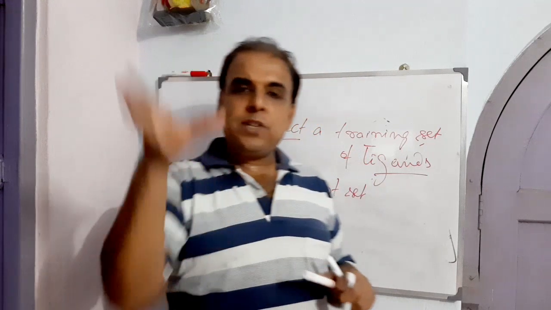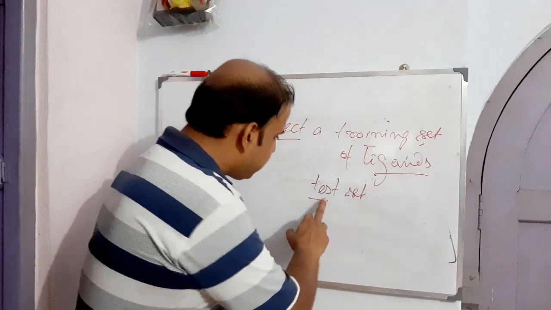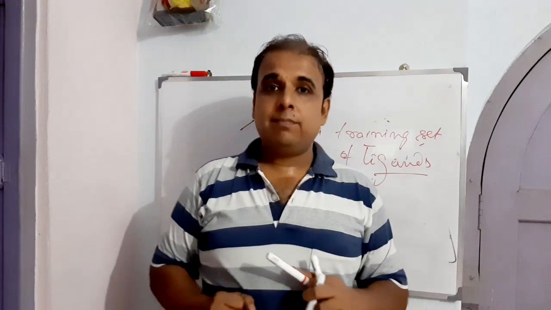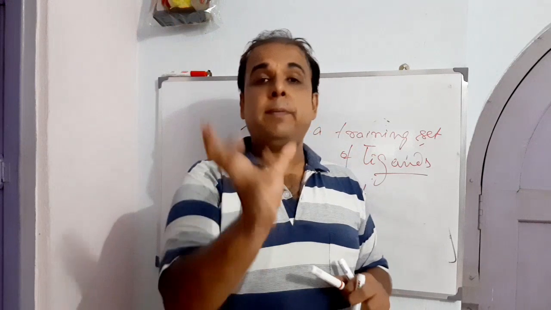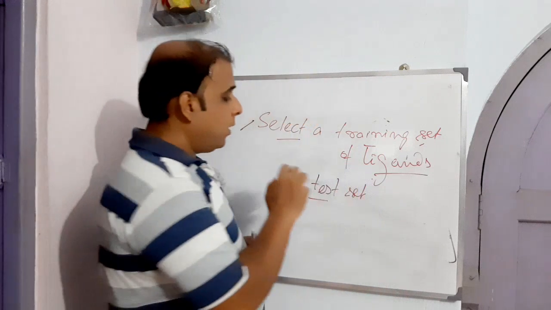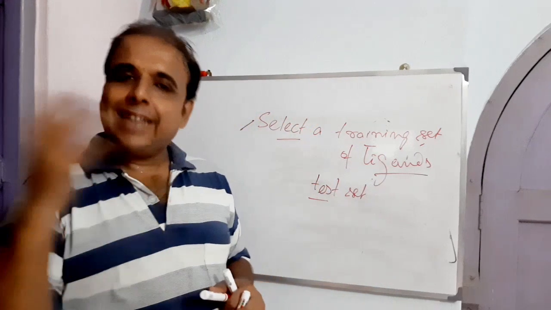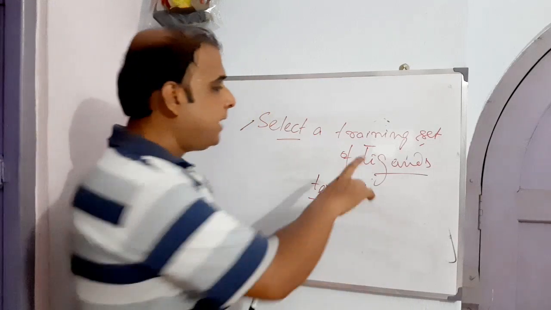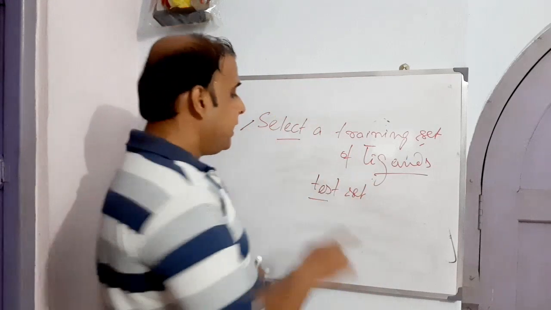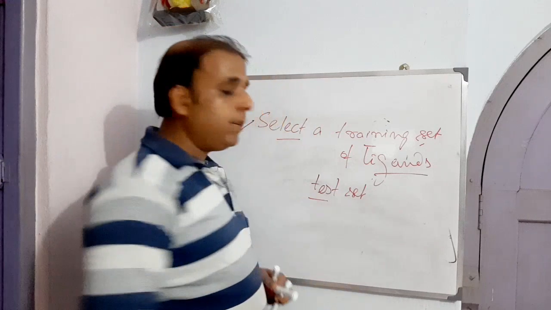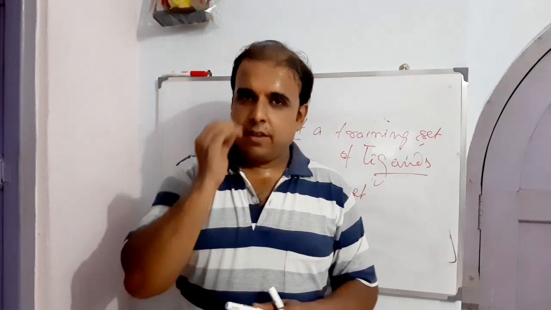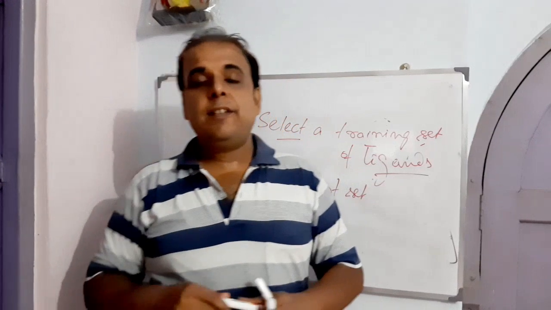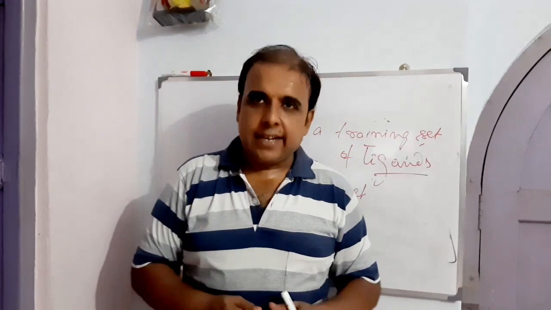The compounds kept in the test set are used to validate the model. That means whether the hypothesis you developed is good or bad is validated. The viability of the generated model is validated with the help of the test set. Got my point?